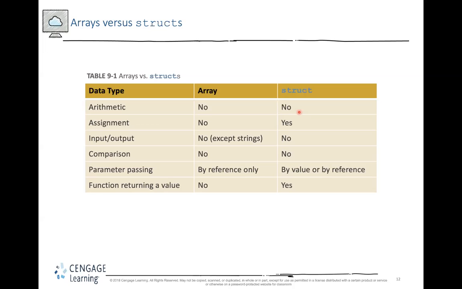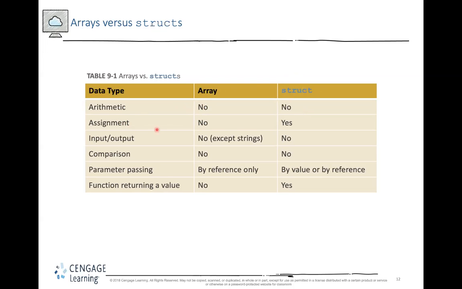Those types of struct, like arrays, are called aggregates. Because they're aggregates, there are certain things you cannot do at that level. You have to do it at the individual element level.